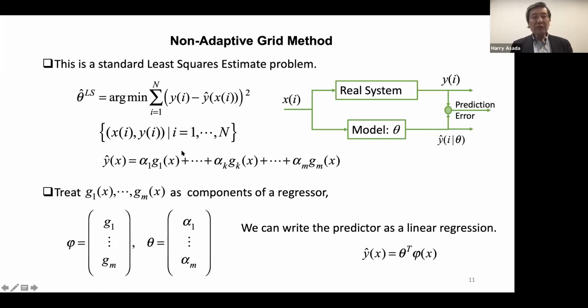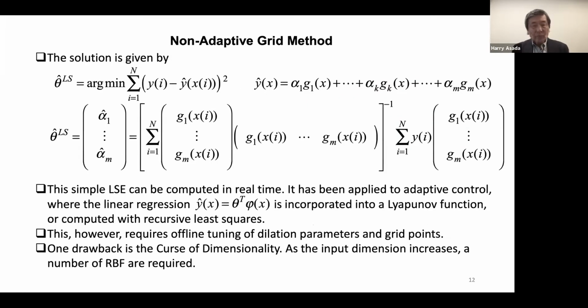We treat all these radial basis functions, G1 to Gm, as the regressor, and the weights alpha 1 to alpha m as the parameter vector to estimate. And this is nothing but the linear regression like this. So this is a very easy, simple problem. The solution is given by minimizing this, which is the least squares estimate solution, right?